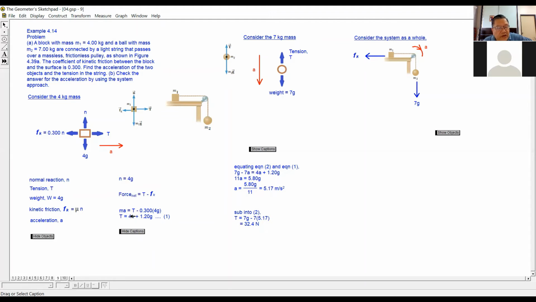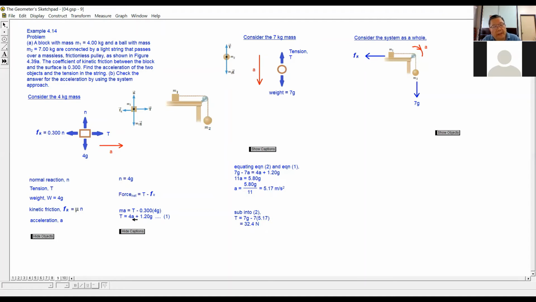The mass is replaced by 4. So the tension in the string is T equals 4a plus 0.3 times 4g, which multiplied together is 1.2g. So this is the first equation we obtain by considering the 4 kilogram mass.